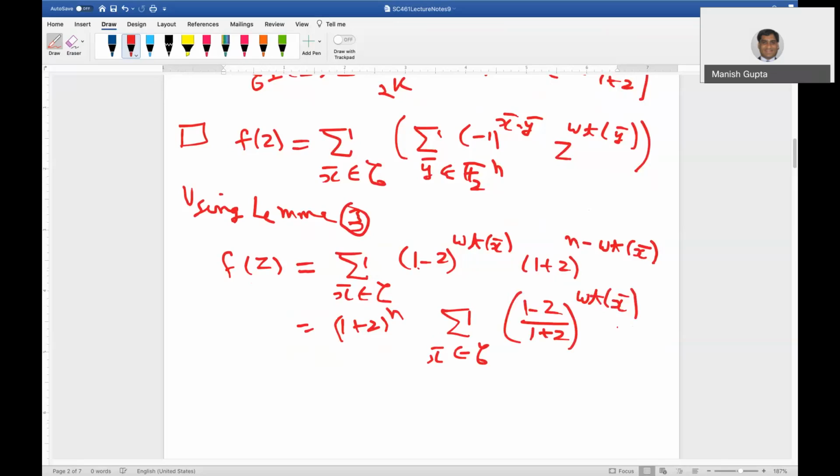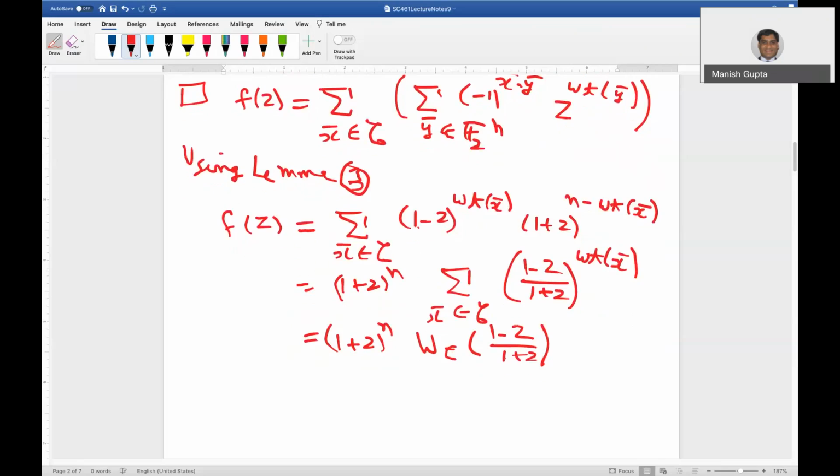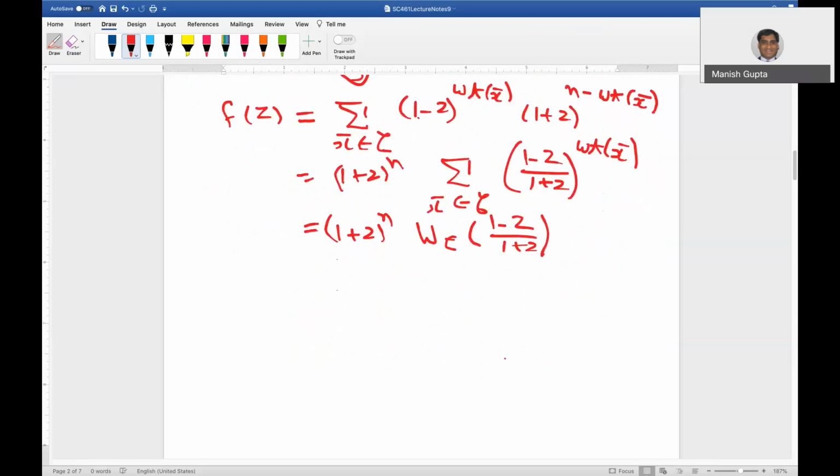Now remember the formula. This thing is nothing but 1 plus z raised to power n times W_C of (1 minus z, 1 plus z) by definition. Right? On the other hand, so this is case 1.